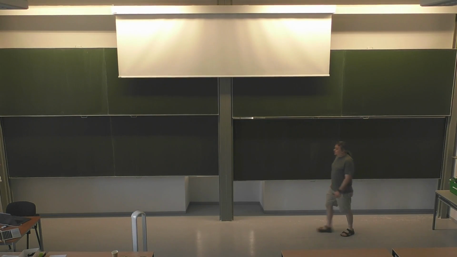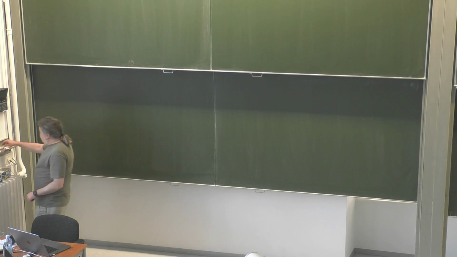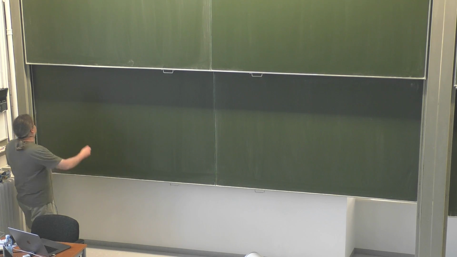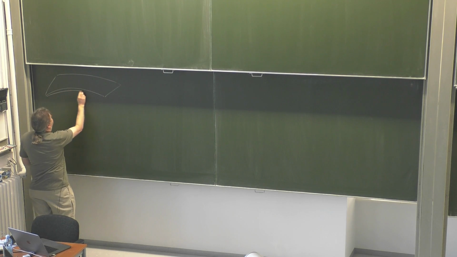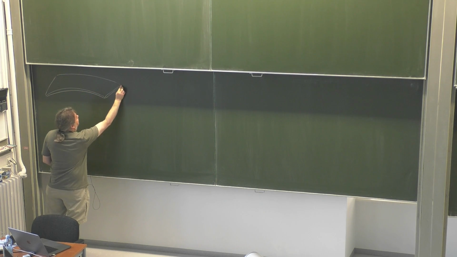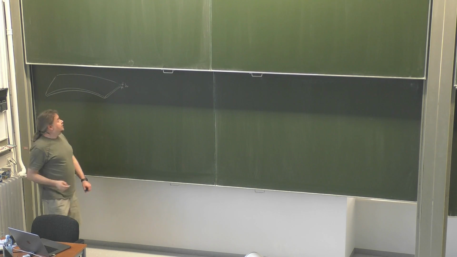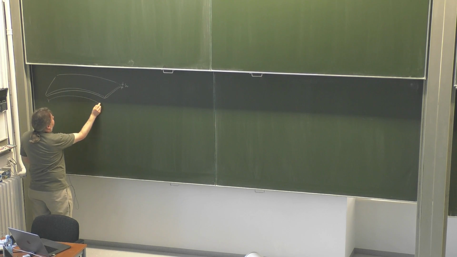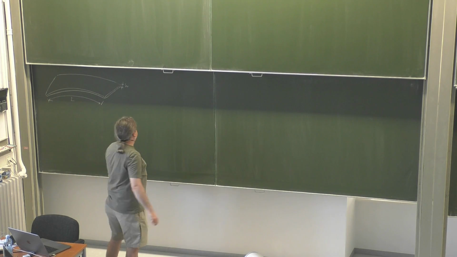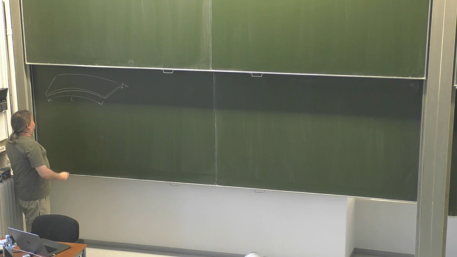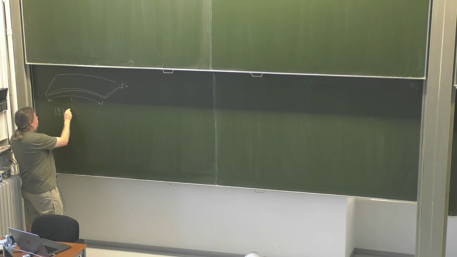So what is unique about membranous structures is that they are quasi two-dimensional. So we have something. I'm going to call this thickness H, and I'm going to call this L, the lateral dimension of this object. And then I'm going to say that H over L is much less than 1.